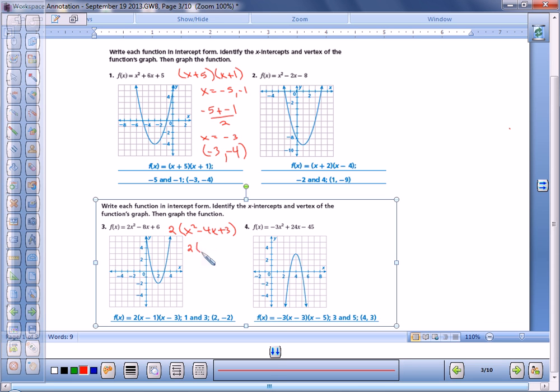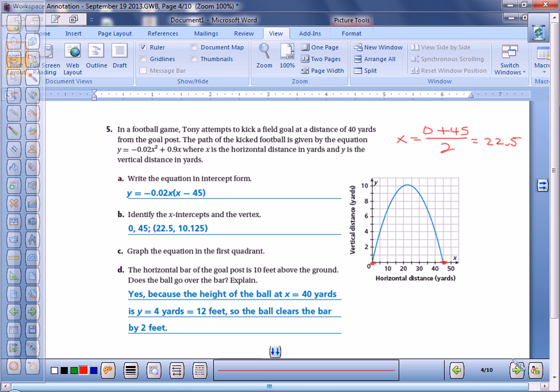And so we get 2 times x minus 3 times x minus 1. Yeah, that's wrong. Now, you still got the right zeros, didn't you? I did. Yeah, but you wouldn't have the 2 factored out, but it would divide itself back out. Okay, any other questions? All right, let's take a look at the next one.